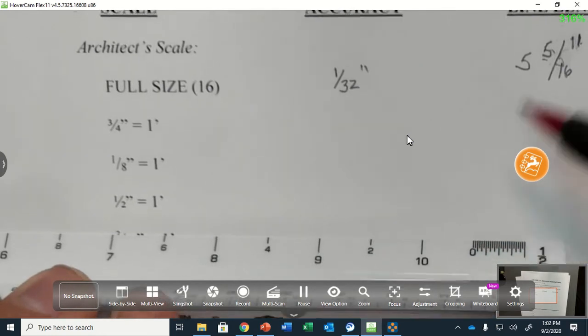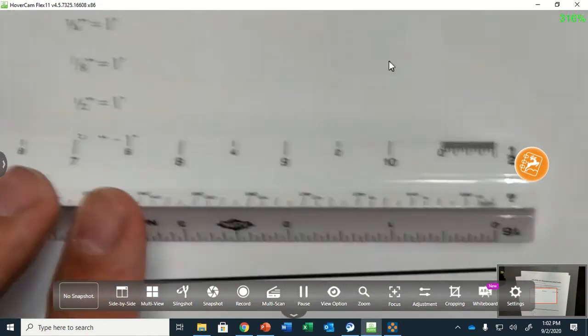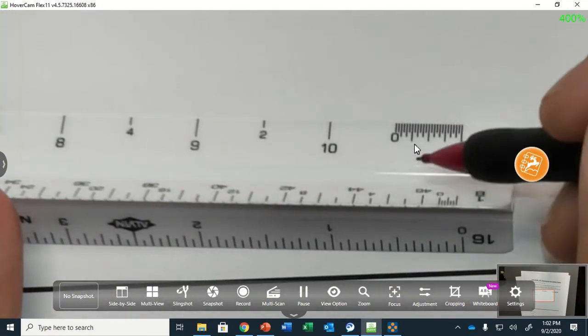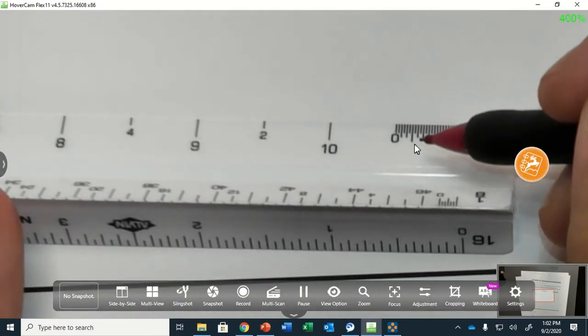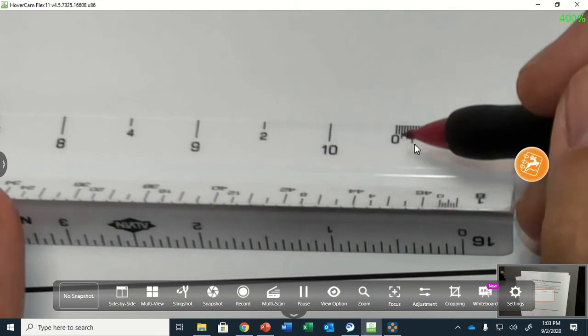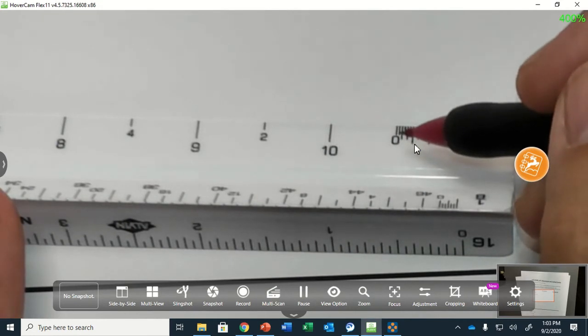It's hard to see, I'm doing the best I can. So 6, 3, 2, 1, 0. If this longer one is 1, then this one is a 1/2 inch. So 1/2 of a 1/2 inch is 1/4. So my accuracy is 1/4.